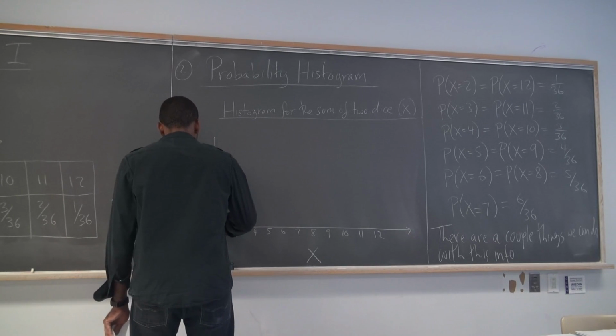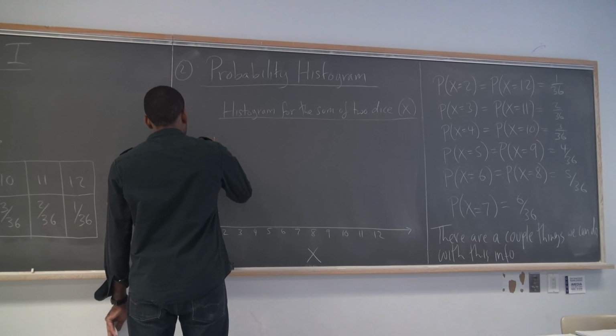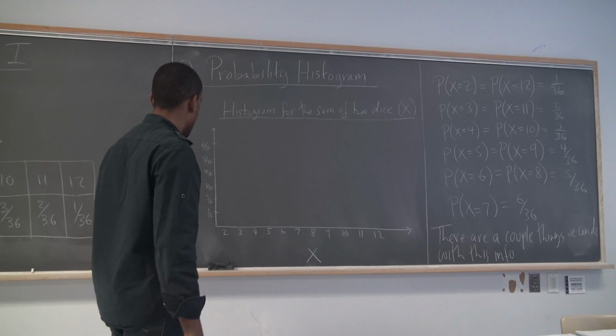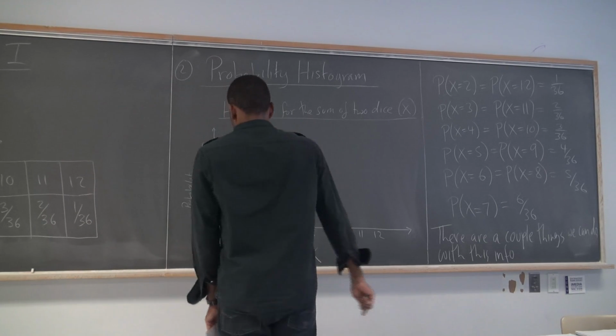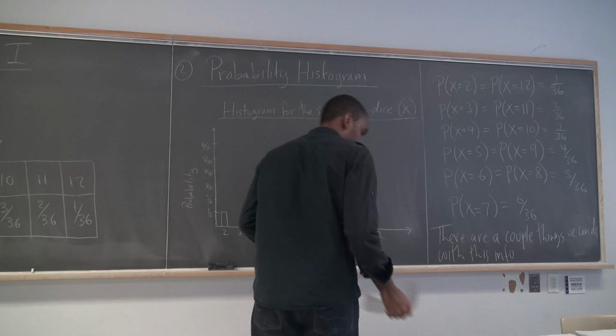We can have 1 out of 36, 2 out of 36, 3 out of 36, 4 out of 36, 5 out of 36, 6 out of 36. So 2 can happen with 1. It's more like a bar chart.